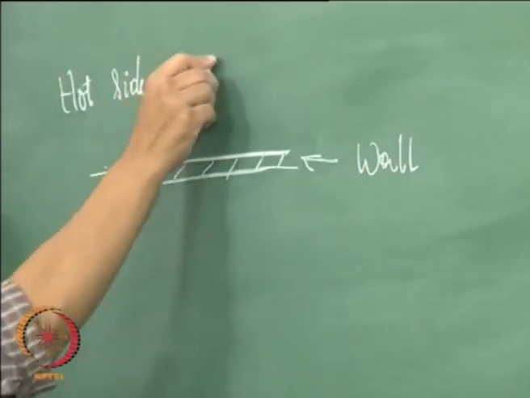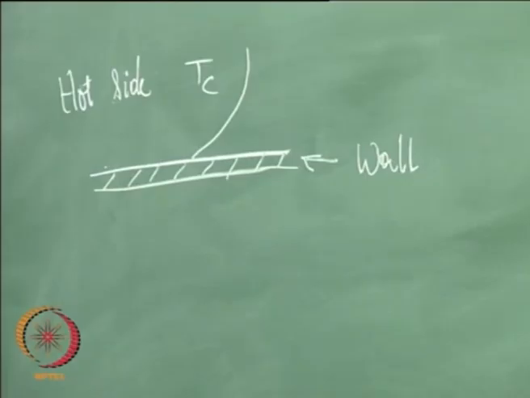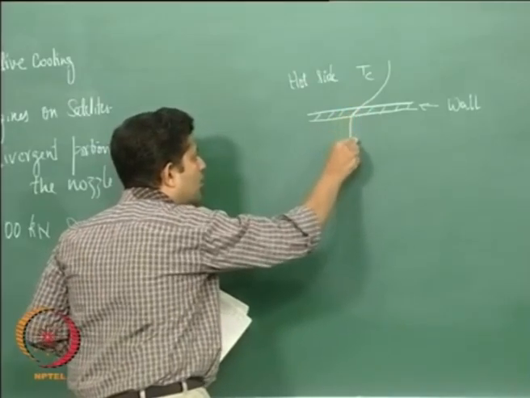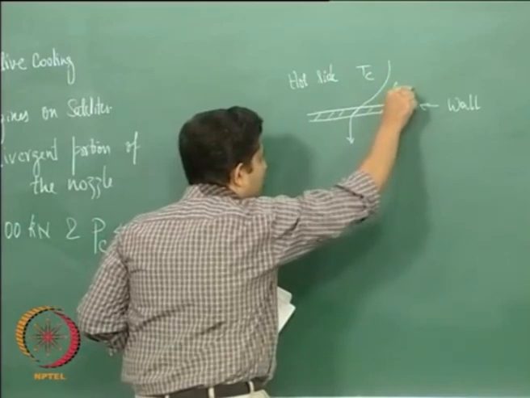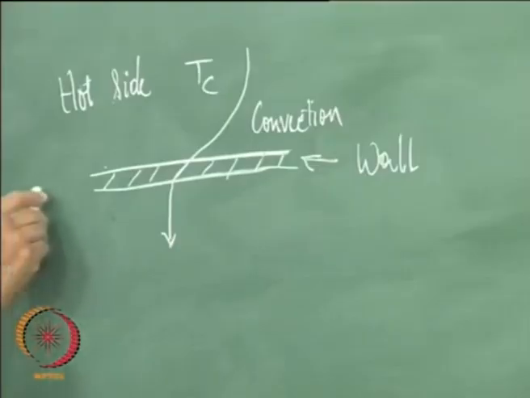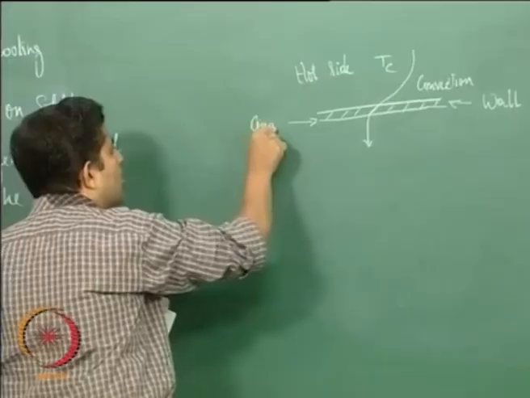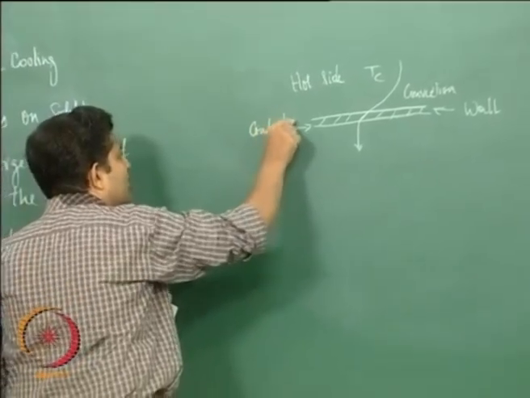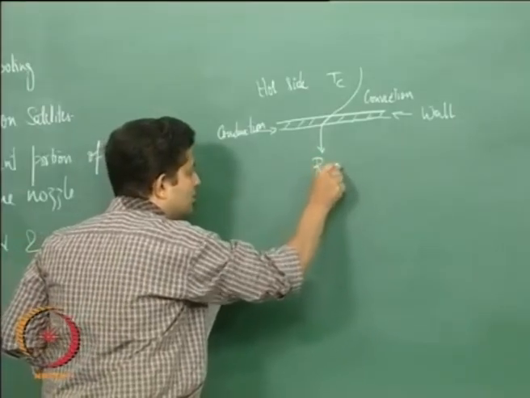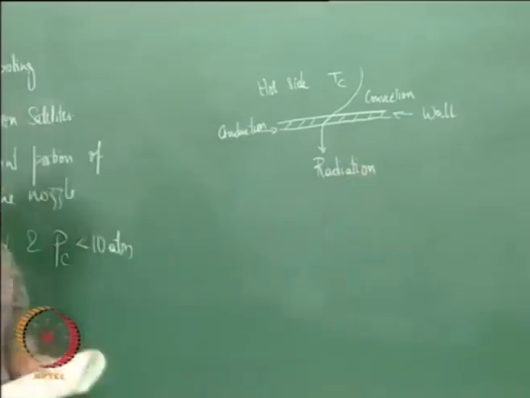Then you have Tc here, here you have convection, and in the wall you have conduction, and outside is radiation.